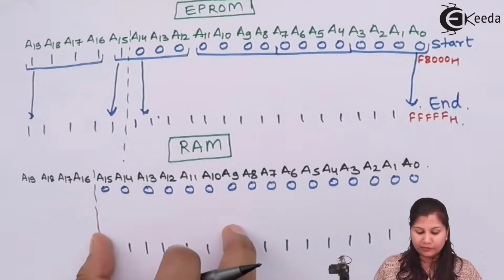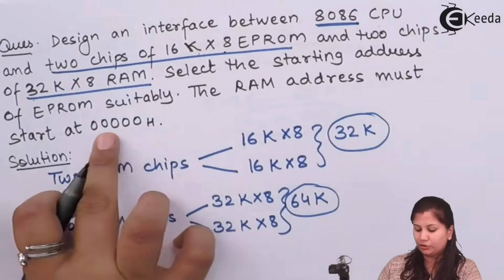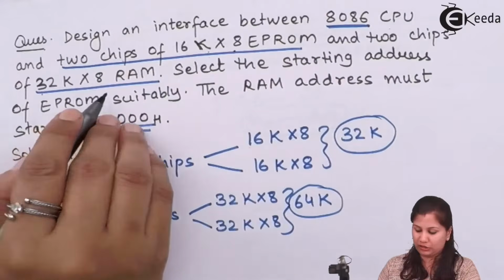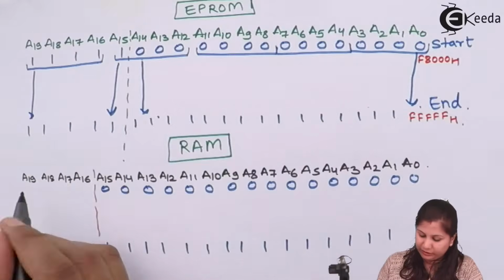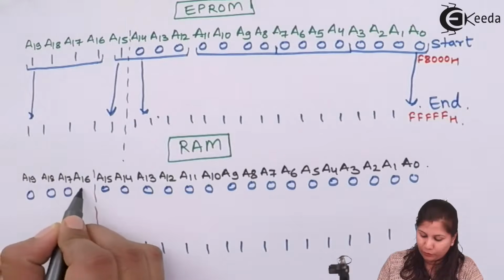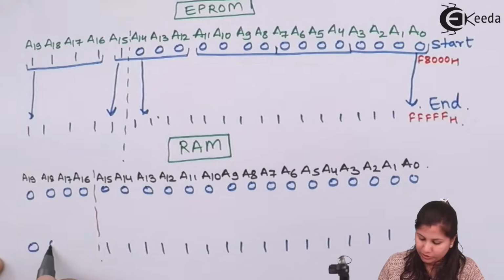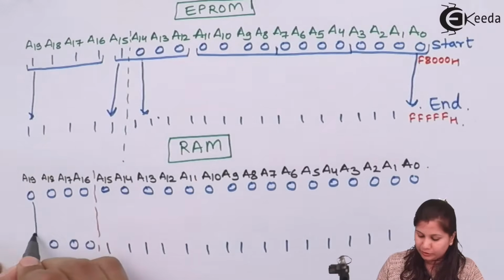Now starting address for the RAM, we have to choose that it should be 00000. It is given to us in the question. So here we will keep the logic of these 4 address lines as 00. Constant logic will be there.